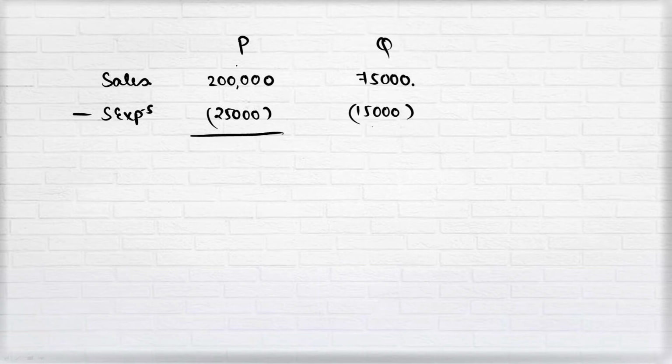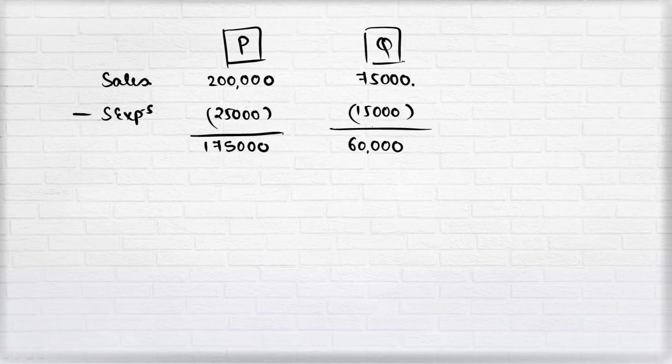What benefit are we getting from P and Q? 1,75,000 and 60,000. So understand, P can help reduce the cost only up to the extent of 1,75,000, and Q only to the extent of 60,000. Why? If you reduce this cost, who will cover it?